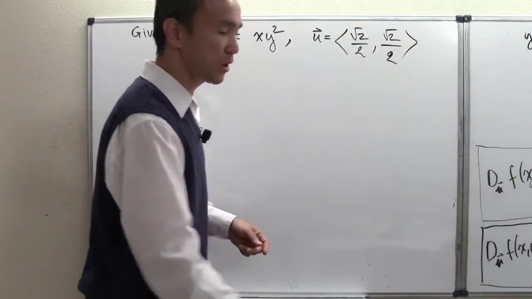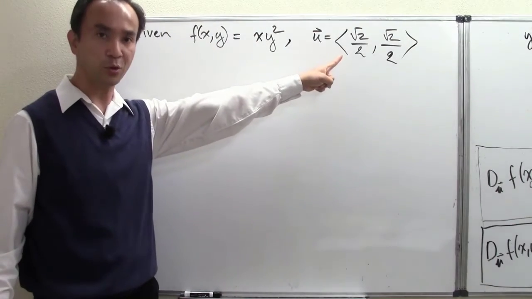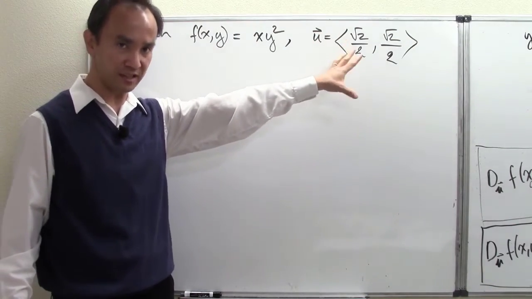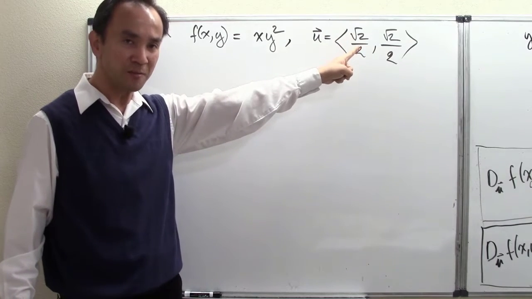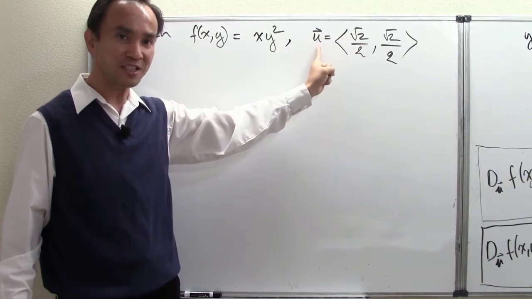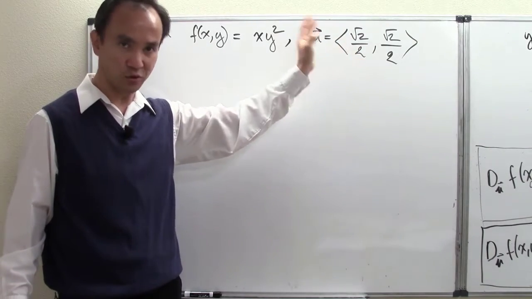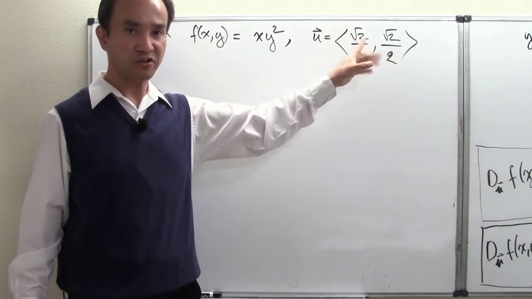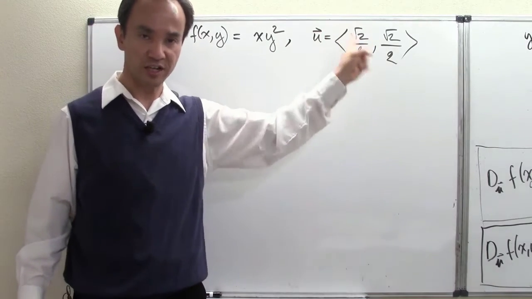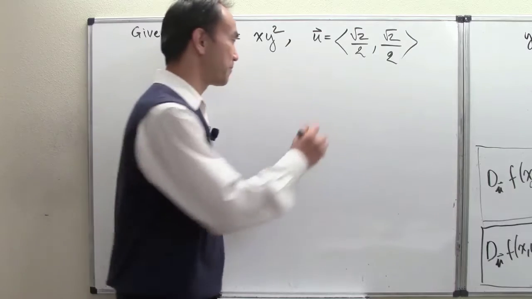All right, so let's quickly check. In your mathematical experience at this point, you should be quick enough to verify that this vector here is a unit vector, so save me from showing that on the board. Do your math check to make sure this is a unit vector, meaning length 1.